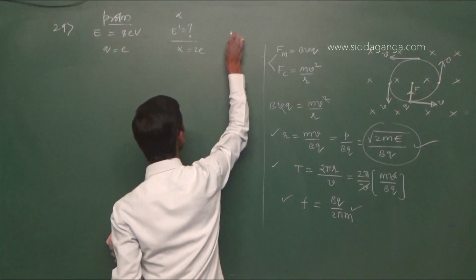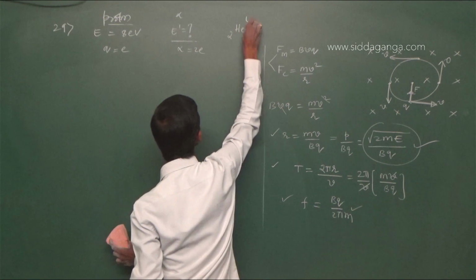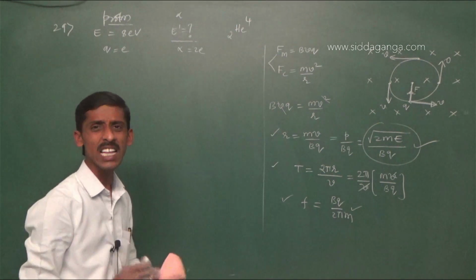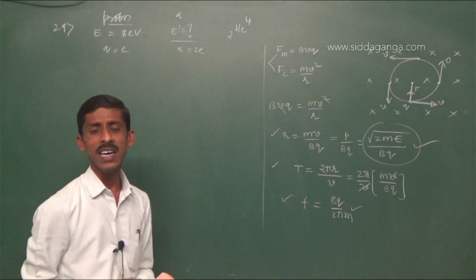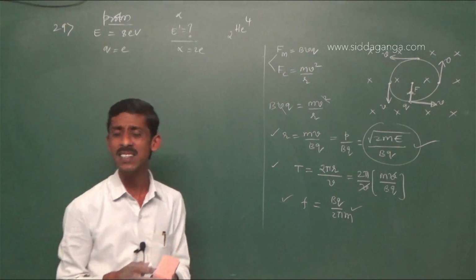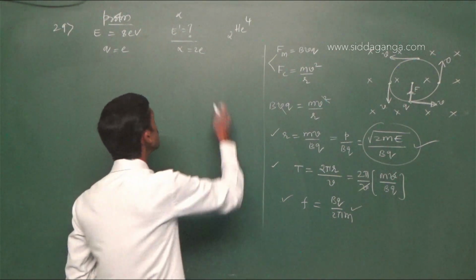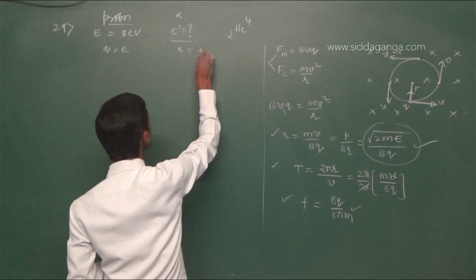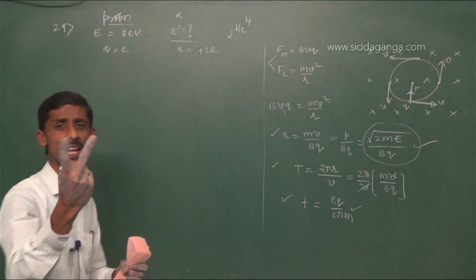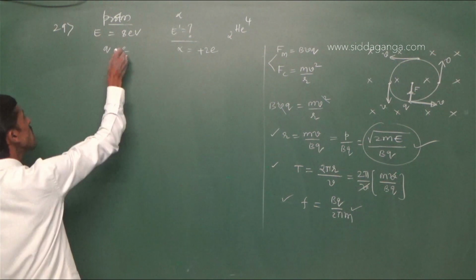Why? Because alpha particle is nothing but doubly ionized helium atom, or nucleus of the helium atom. Helium nucleus has 2 protons and 2 neutrons. So the charge of the alpha particle is plus 2e because of 2 protons, whereas proton charge is plus e.